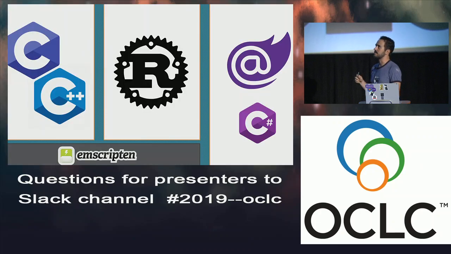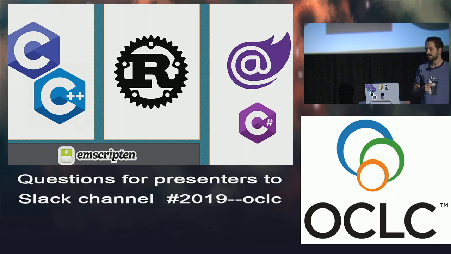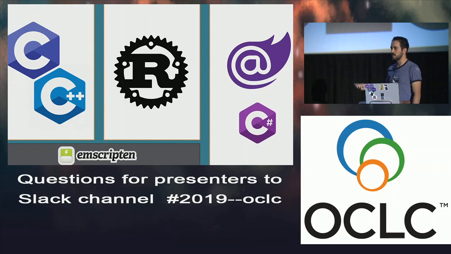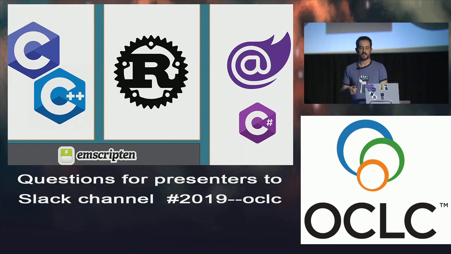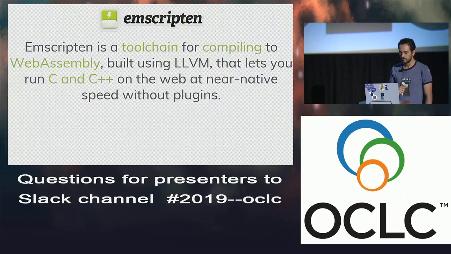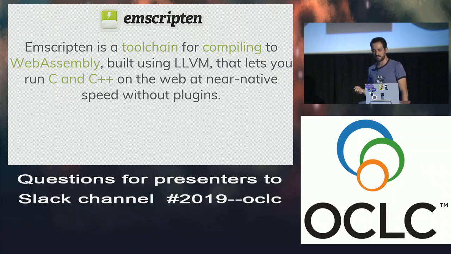So we're going to look at 3 different WebAssembly technologies, or 3 different languages that we use with WebAssembly. We have Emscripten. We also have Rust. And then we have something called Blazor. So what is Emscripten?